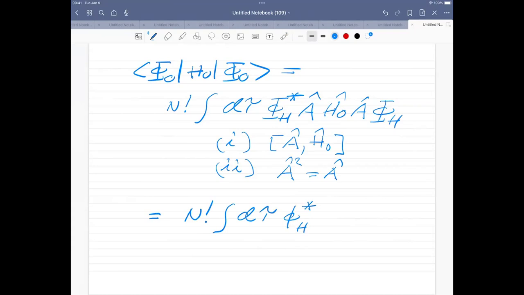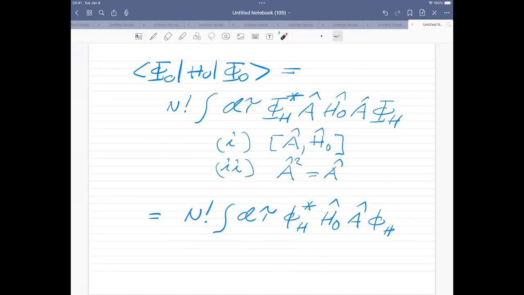This is just a simple product of single particle wave functions, and this is multiplied with H0 acting on A of phi of H. So I use the property here, that one.